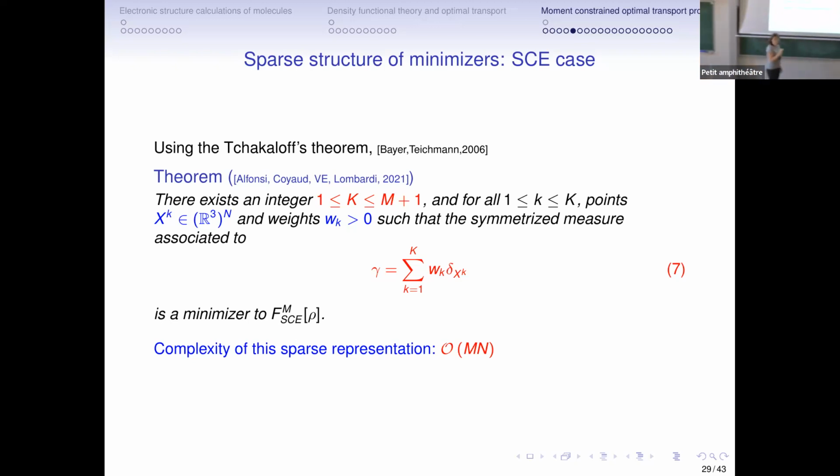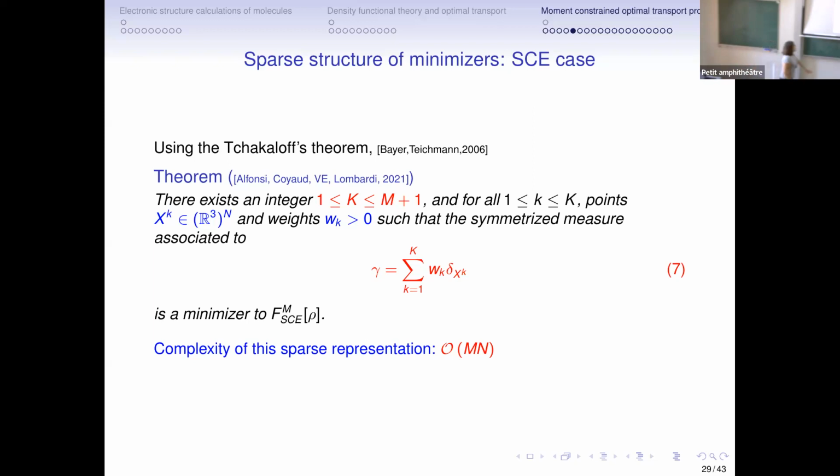Okay, so it can be written under this form. And so identifying a minimizer under this form only amounts to identifying m times n scalars. Okay. And what is nice is that here, the complexity of the number of unknowns to identify is only linear with respect to the number of electrons. Whereas if you use standard numerical methods to approximate this kind of optimal transport problems, you would have a complexity which scales exponentially with the number of electrons.